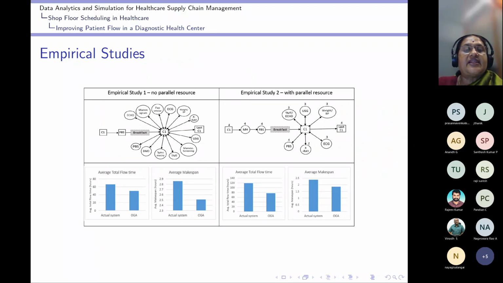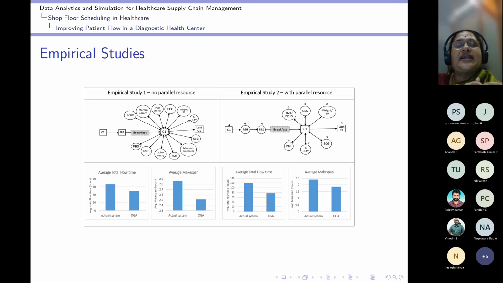When a person comes into the system, there is a fasting blood sample, then a breakfast, and then the echo, mammogram, pap smear, ECG. Not all patients go through everything. For example, some tests are only for some people. In that case, we have just taken the service time for that person in a particular test to be 0.